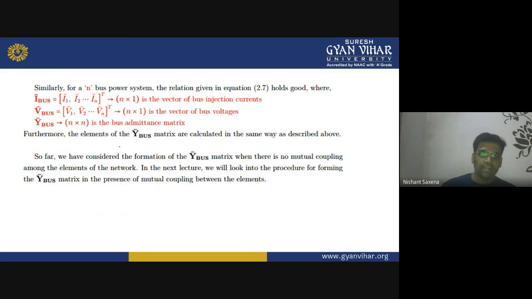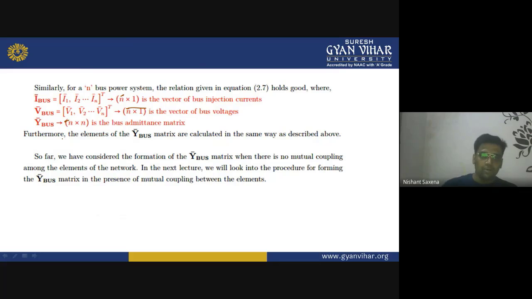Now, similarly, this is for the 5 bus power system. If we are having the n bus power system, then this relationship, equation 2.7, holds. Here I bus is an n cross 1 vector, V bus will be n cross 1, and Y bus will be the n cross n bus admittance matrix.